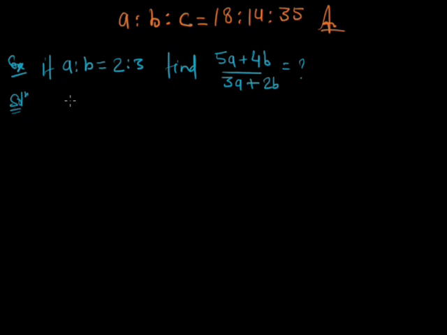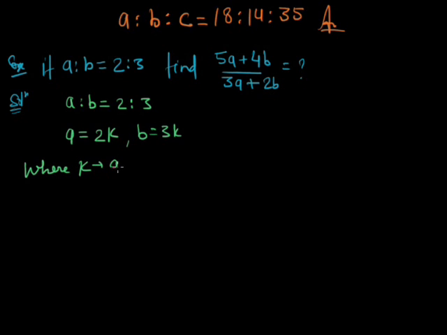We know that A is to B is 2 is to 3. So we can say A is equal to 2K and B is equal to 3K, where K is any constant. Okay, so if we put this value in the required expression, 5A plus 4B upon 3A plus 2B.